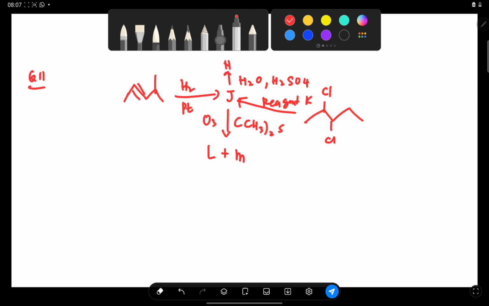So the first step you need to find. What is the clue for this question? The clue is very easy. You can start from here, because here you have an alkyne. So what is a reaction that involves alkyne?